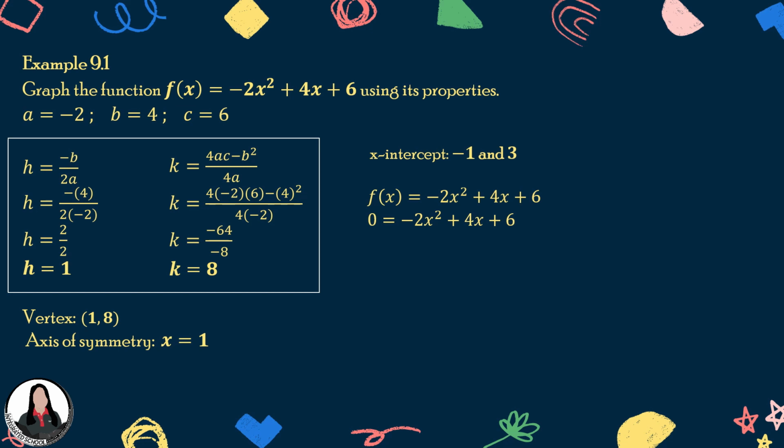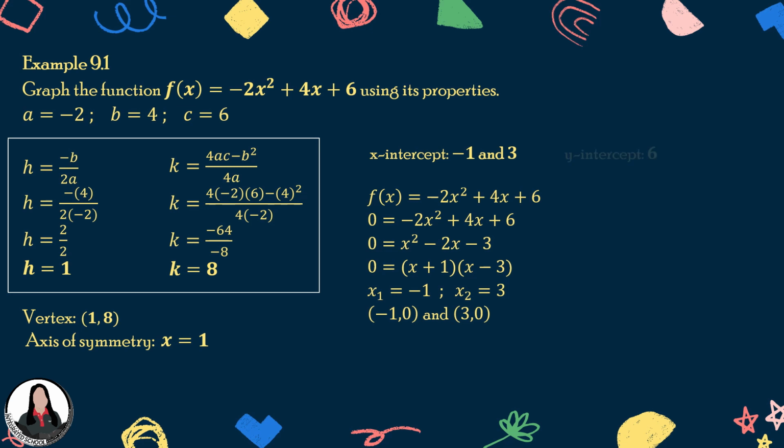Okay, so we will have a quadratic equation. Okay, we have divided negative 2 sa lahat ng values ng ating function. We have x squared minus 2x minus 3. And then we can easily use the factoring here. And then through zero factor theorem, we can get x sub 1 equals negative 1 and x sub 2 equals 3. Hence, our points are negative 1, 0 and 3, 0.